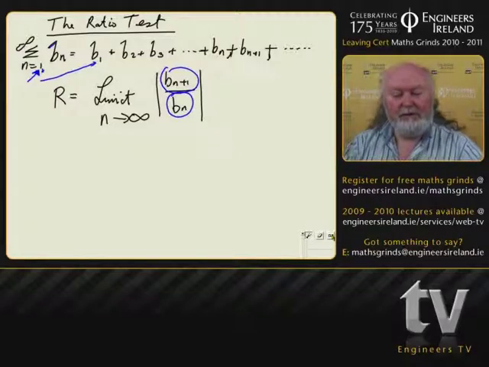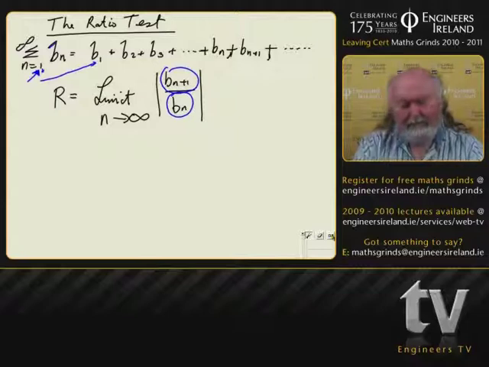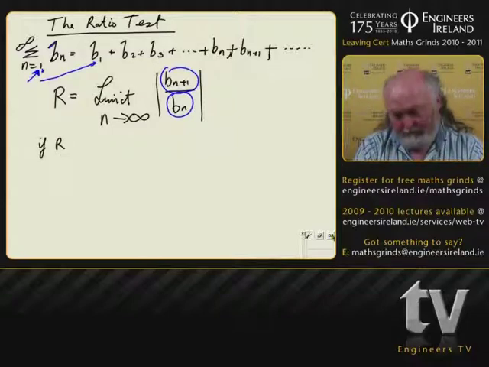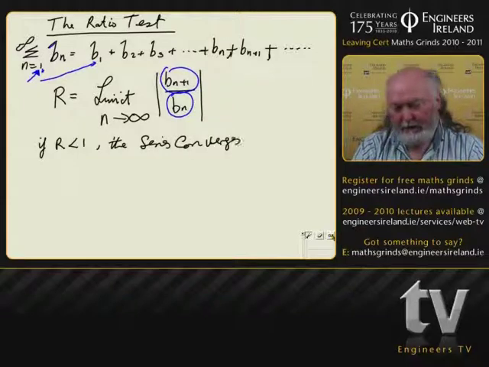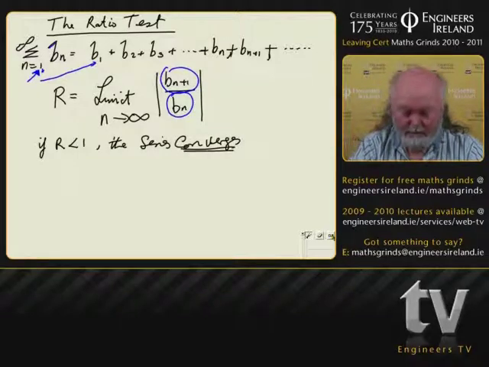What are the basic things we're supposed to look at in relation to r? The series converges when r is less than 1.